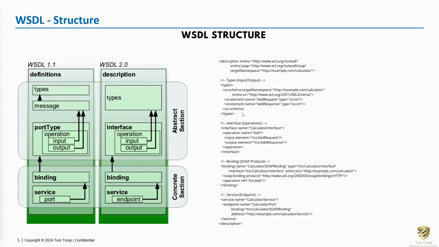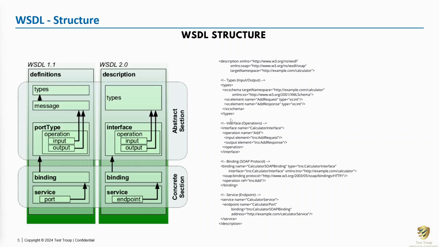Types indicates the message types, either the response message type or the request message type, and defines the structure of the request and response. It also says what parameters are passed as part of the request and what their data types are, how you are going to receive the response, and what parameters make up the response body.